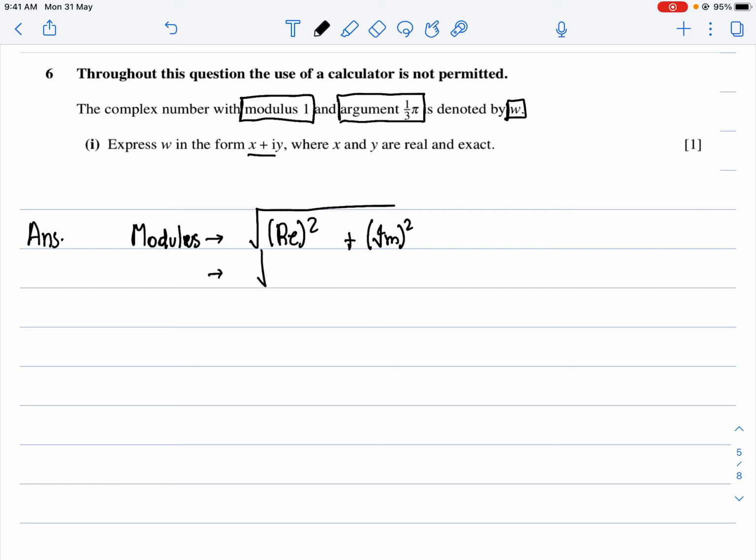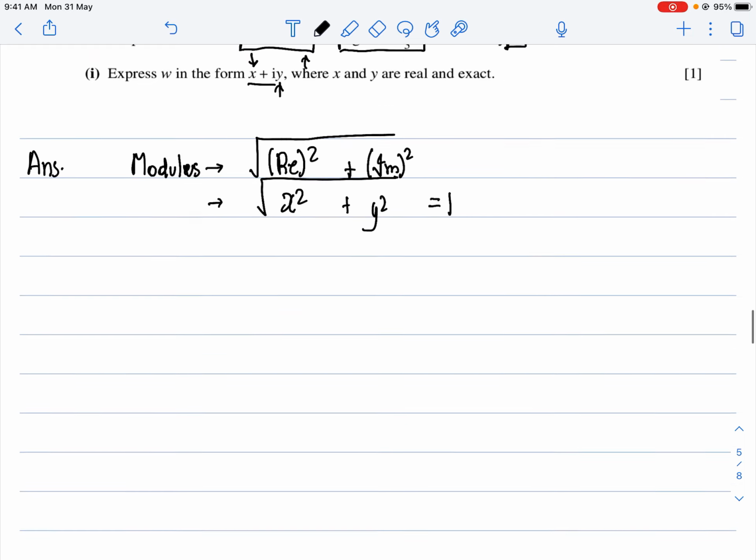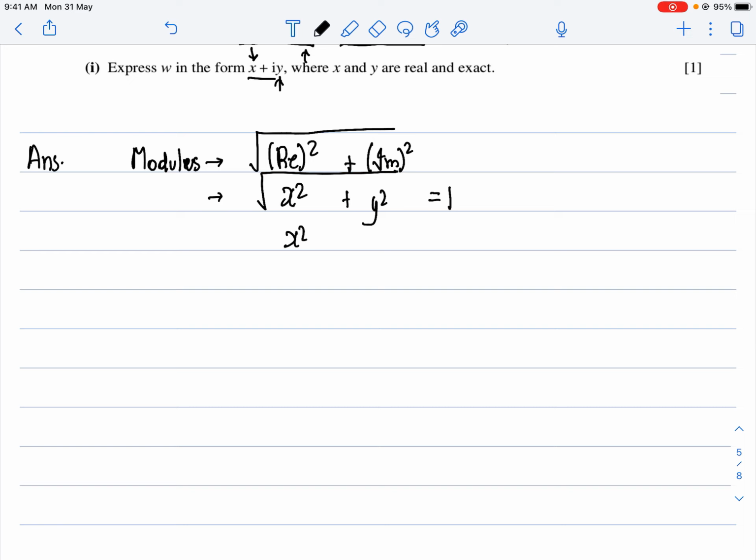Here in our form the real part is x, so I can write this as x squared, plus my imaginary part is y, so y squared. And I know this modulus is 1, so I can simply say x squared plus y squared is equal to 1 squared, which gives x squared plus y squared equals 1. So this is one equation.